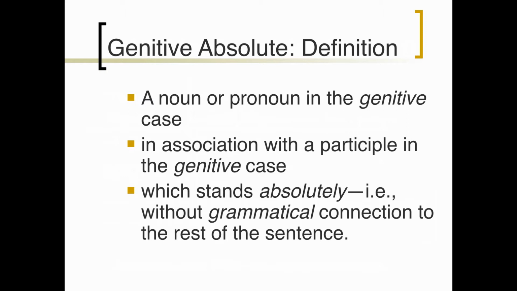What we mean is that there's no grammatical connection between the genitive absolute and the rest of the sentence. In Greek, there's no clear grammatical connection between the genitive absolute and the main clause. But in English, we need to introduce it with some type of conjunction, so we're going to use "while," or "after" for the aorist tense. So that's the genitive absolute.